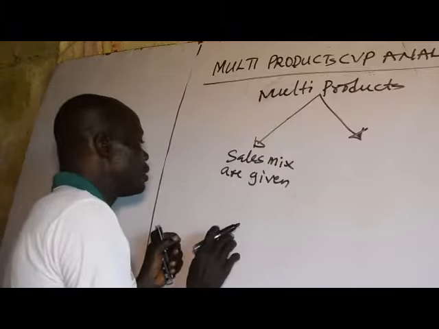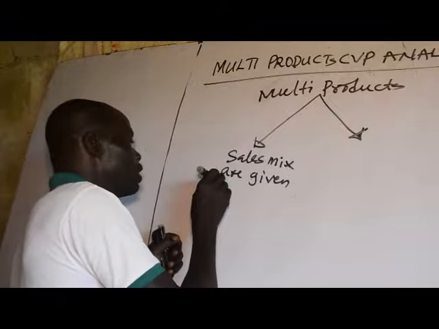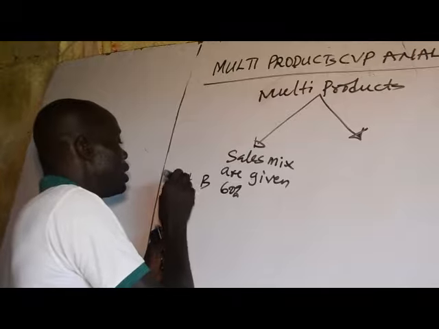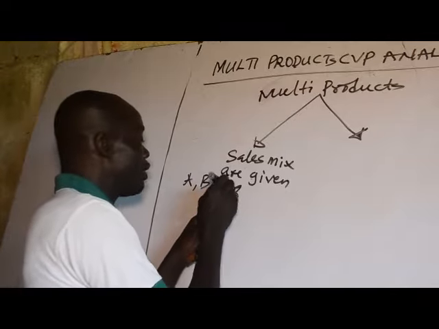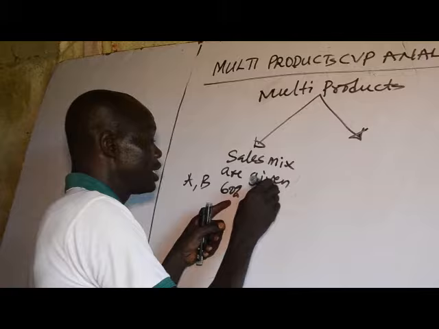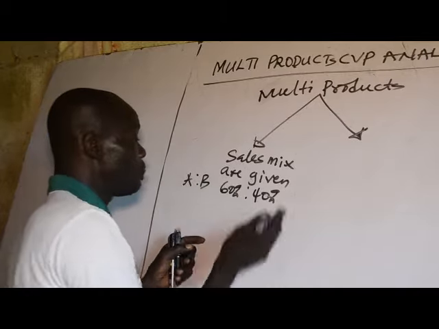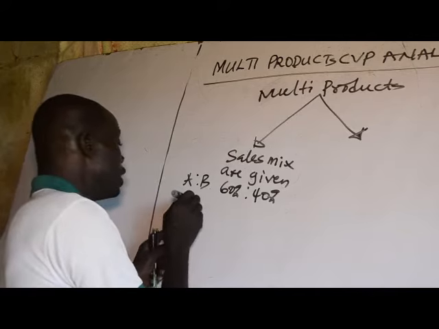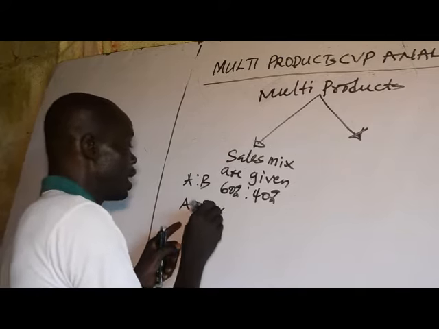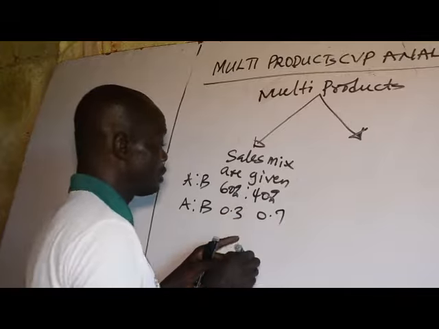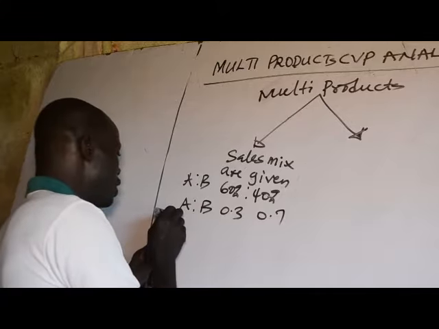Where weights are given, just like you may be told 60% for A and 40% for B, you may be given ratio in percentage and you may be given in decimal, 0.3 and 0.7. So you may be given in form of fraction.